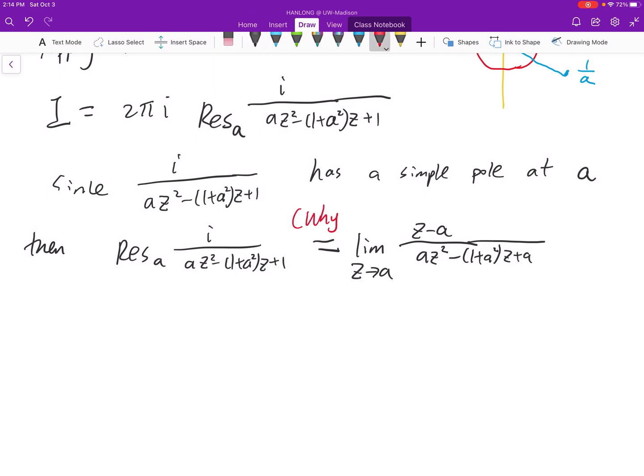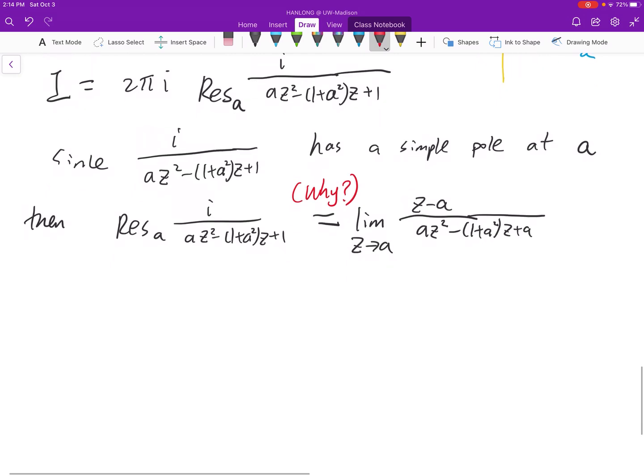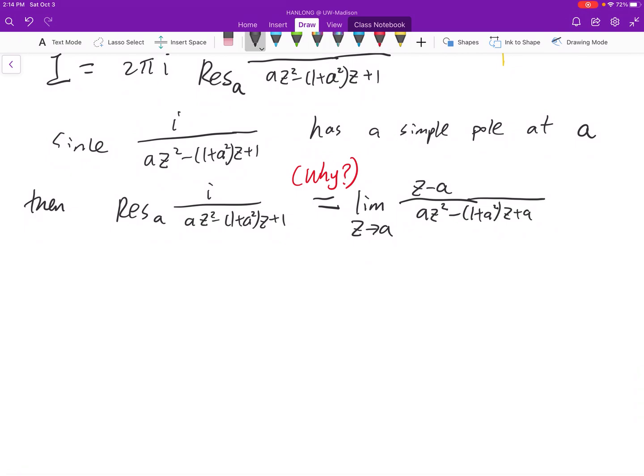So if you forget the formula here, go back to lecture 11 or 12 to find the formula therein, how to calculate the residue. Okay, then you can just cancel out z minus a with z minus a in the denominator.